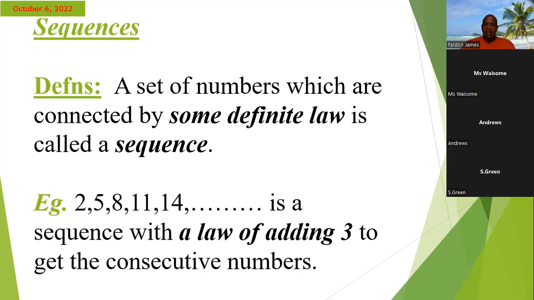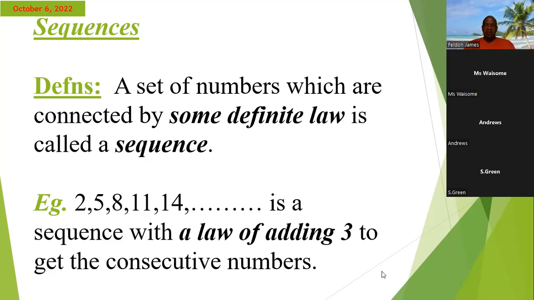And so, for example, you have 2, 5, 8, 11, 14, and the law that these numbers follow is the law of adding 3. So you start off with 2, then you add 3, you get 5, then you add 3, you get 8, then you add 3, you get 11, then you add 3, you get 14, and so on.